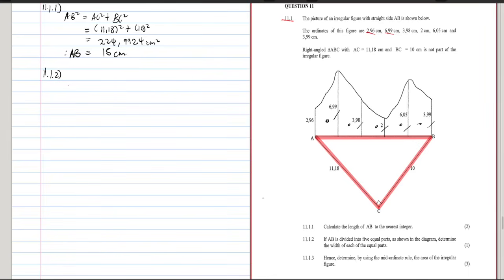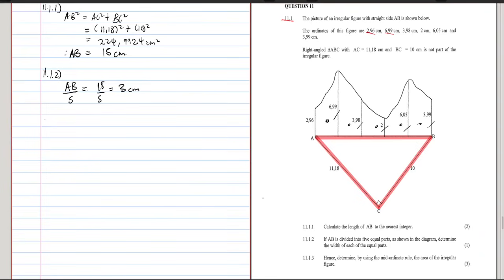So we take AB and divide it by 5. That's going to be equal to 15 divided by 5, which is 3 centimeters. So what are we looking for now?